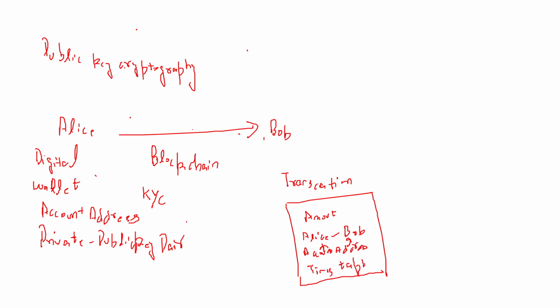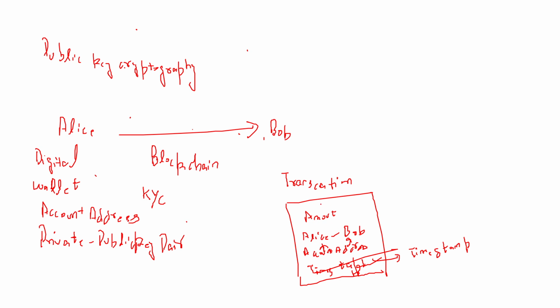Timestamp means the time when Alice is sending the transaction to Bob. Sorry, the writing is quite poor. So all these details are there.